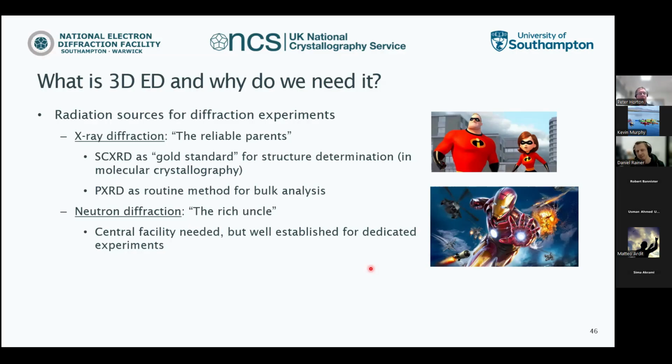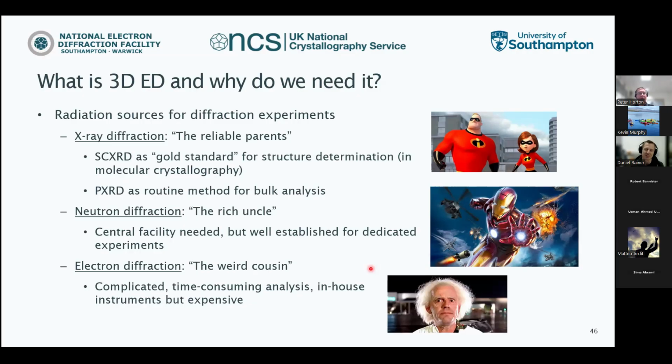And now finally, obviously, this is what I'm doing. There's electron diffraction, and here I call it the weird cousin. The problem with electron diffraction has always been, in principle, this has been around for roughly 100 years. Everything that's done on a transmission electron microscope, on a TEM, is electron diffraction. One can recreate images, but in principle it's always diffraction.